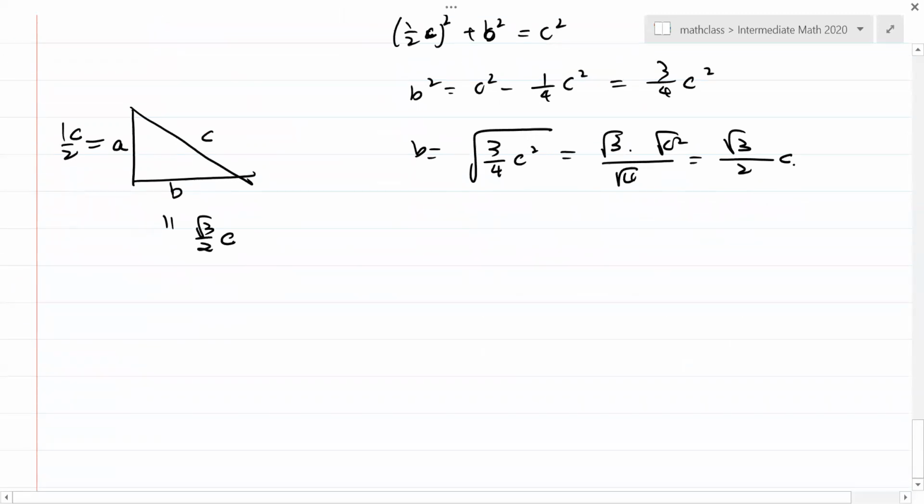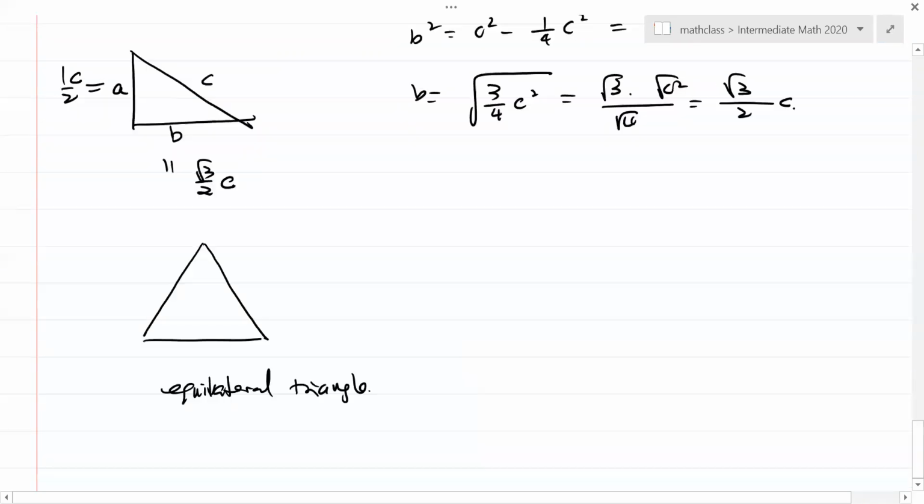My question is, this is an equilateral triangle. If this side is C, and C, can you get the area? Now this is actually B, the height.